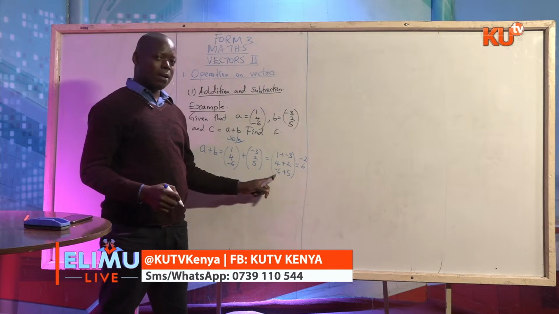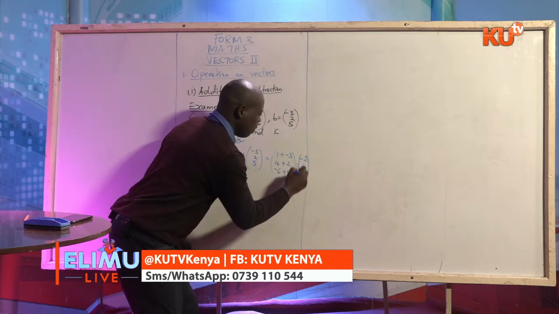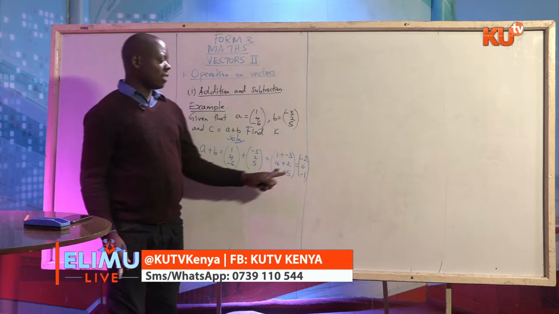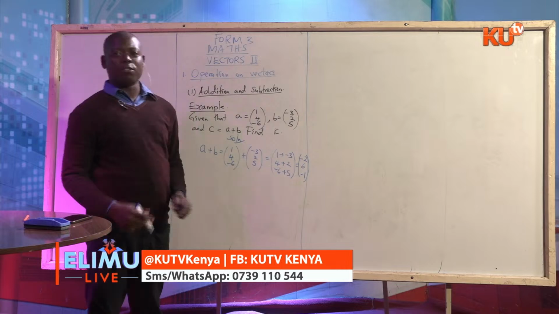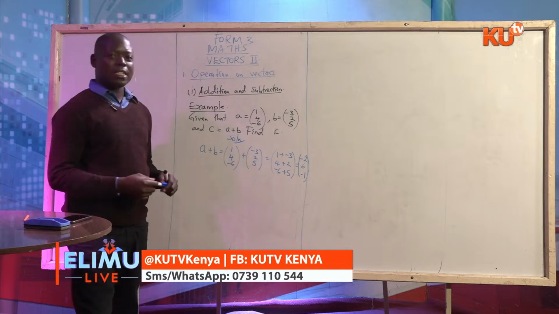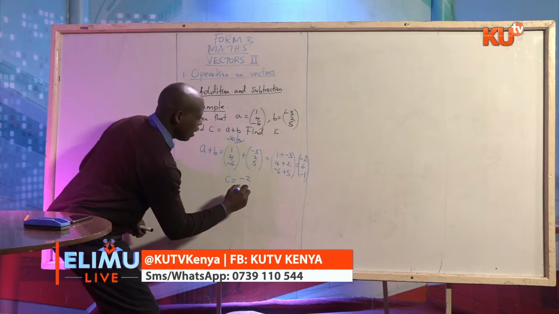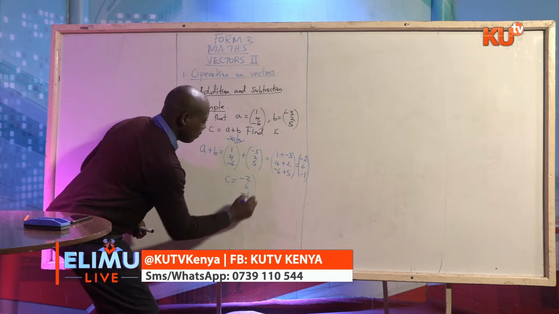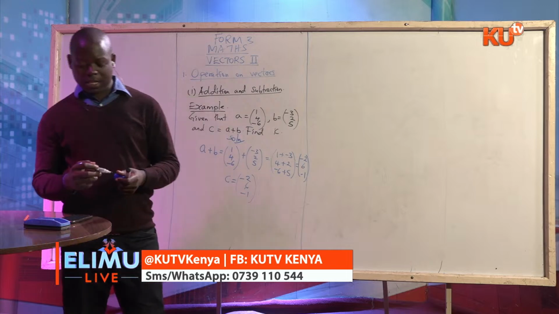Right, negative 1. Therefore, the sum of A and B is the vector negative 2, 6, negative 1. In that case we have obtained our vector C, meaning that the vector C is negative 2, 6, and negative 1.